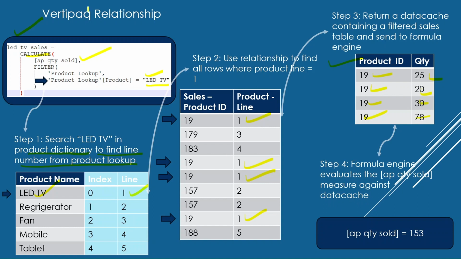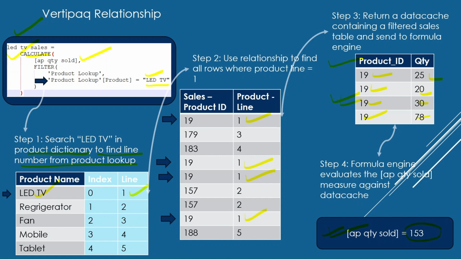This DAX query will execute based on the data generated by the storage engine in the form of a data cache which is supplied to the formula engine. The formula engine evaluates the data cache, and whatever the value is, it will be supplied to the measure output. So here the total quantity sold is 153.